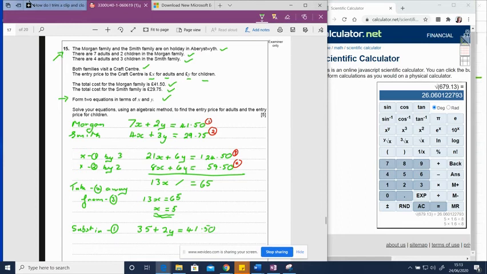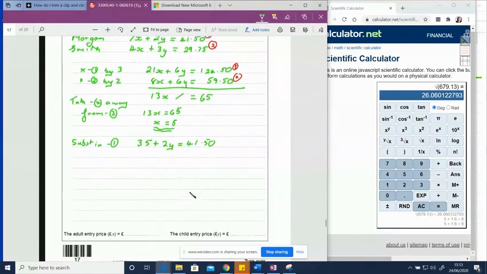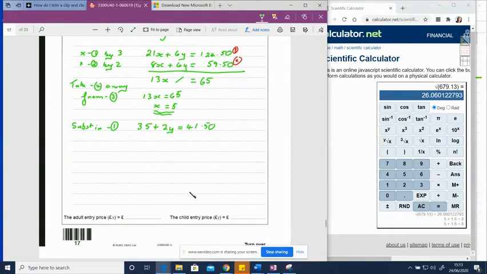And then we just manipulate that equation. That means take 35 away from each side, so 2y is equal to £6.50. That means y is equal to £3.25 because I've divided both sides by 2.